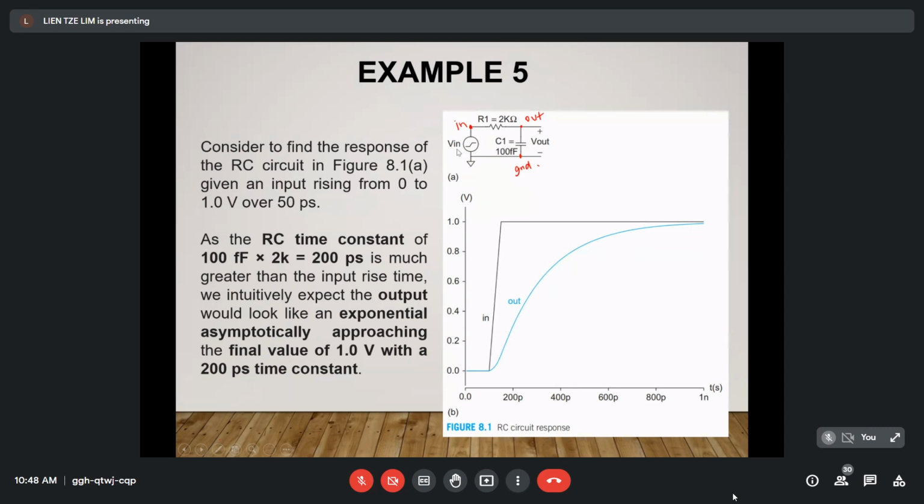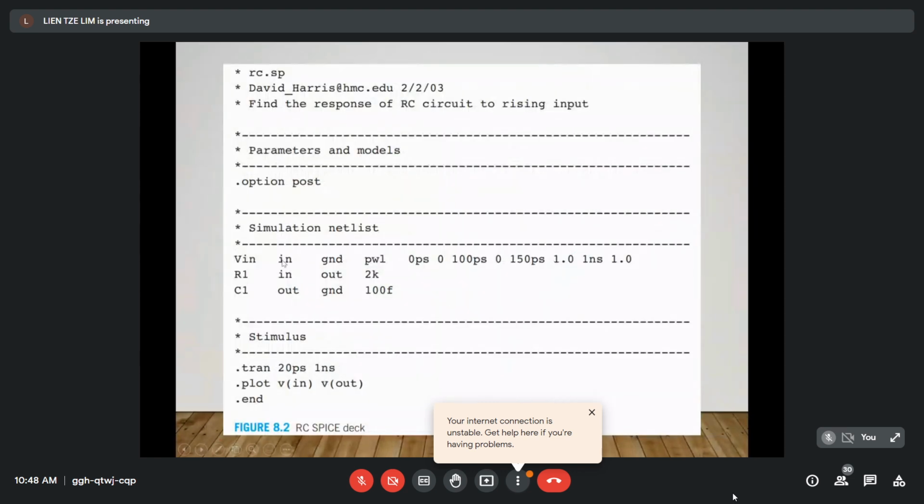For V in, there are 2 nodes, in and ground. Then PWL, this is L. Remember when you write the SPICE code and you want to use the pulse input, make sure that when you write this command, this is not 1.